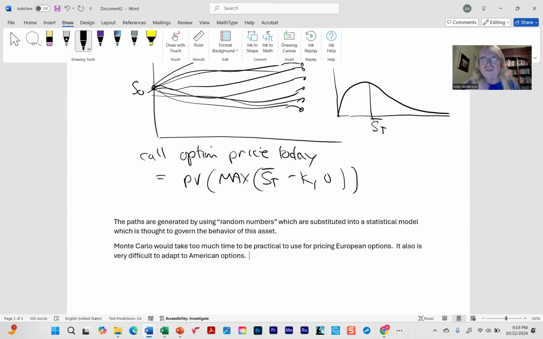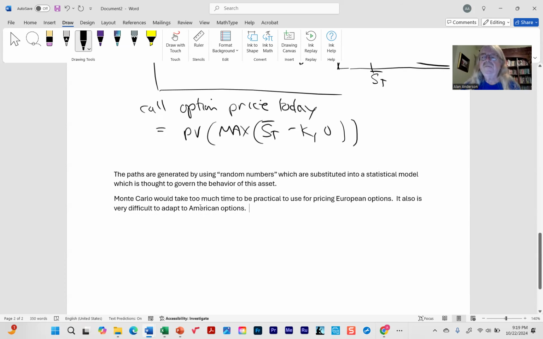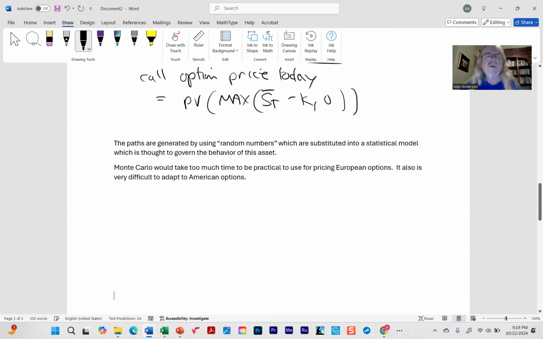You notice how, like with the lattice models that we've been using, whether it's trinomial or binomial, what we're actually doing is we're basically assuming that we have the ability to go into the future and work our way back to the present.